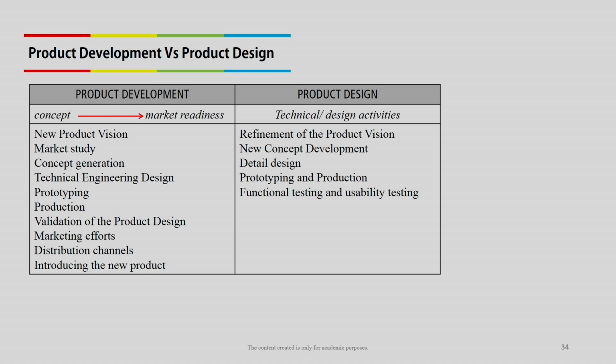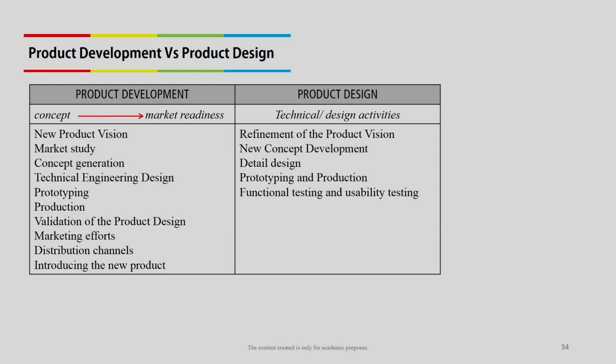So, let us discuss the difference between product development and product design. Product development is from concept to market readiness. In this, the new product vision comes, and then the design team does a market study, goes for concept generation, technical engineering design, prototyping, production, then validation of the product design, then marketing effort, then distribution channels, and introducing the new product in the market.